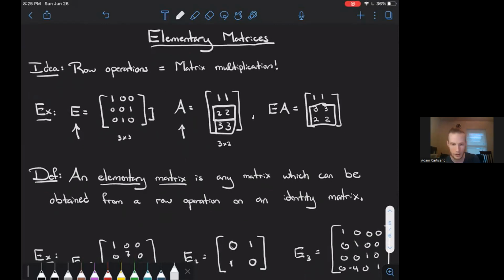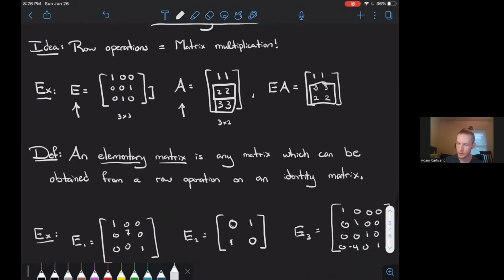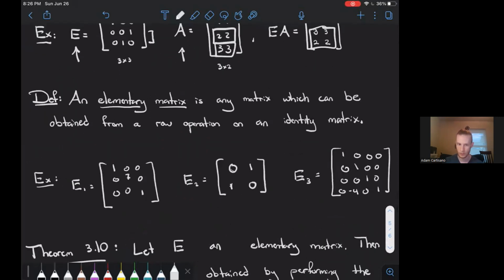An elementary matrix is just a matrix that can be obtained by doing a single row operation on the identity matrix. This is a way of formalizing row operations to, instead of trying to do linear combinations of rows or something like that, we're just multiplying by a matrix. Okay, so let me give you some examples of what an elementary matrix will look like.